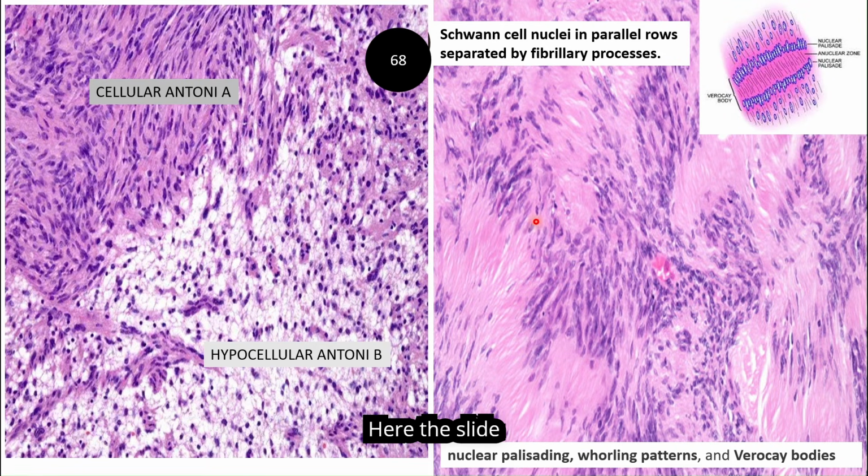Okay, here the slide shows cellular areas and hypocellular areas. The cellular areas show some wavy nuclei. Waviness of nuclei is there, and these are the Verocay bodies.